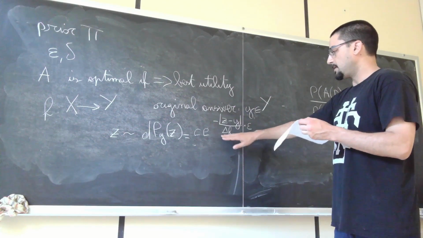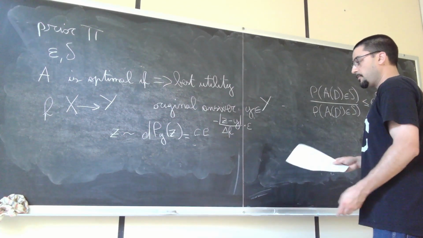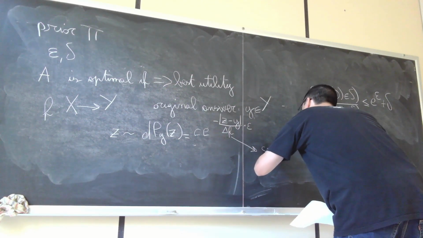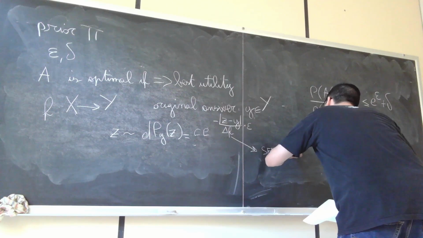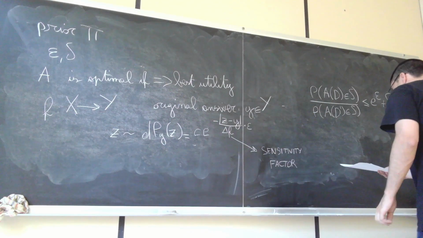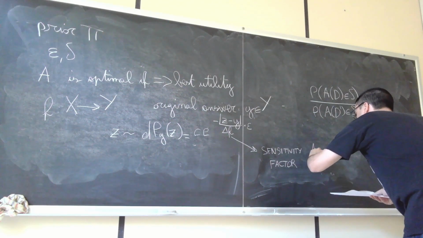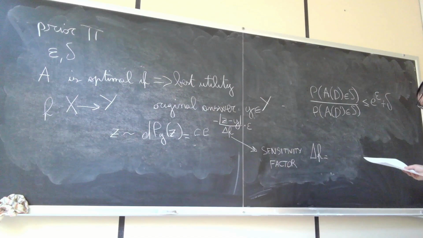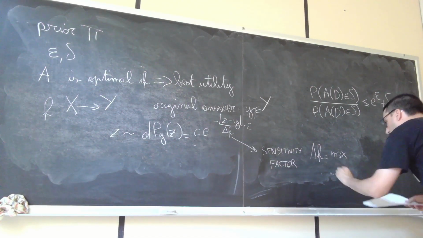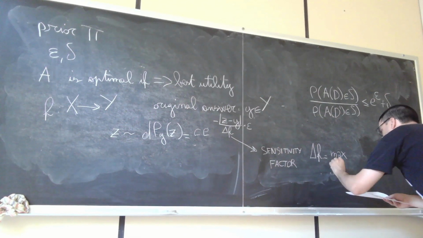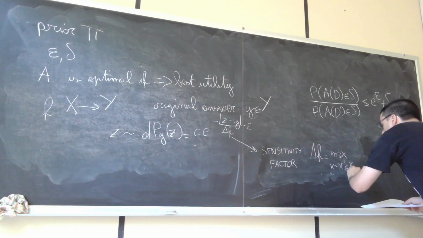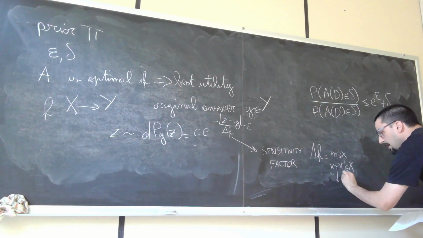And everything is then normalized by this delta F, which is called the sensitivity factor. And it is equal to this quantity, which is the maximum over all possible pairs x and x prime, where this tilde means adjacency.